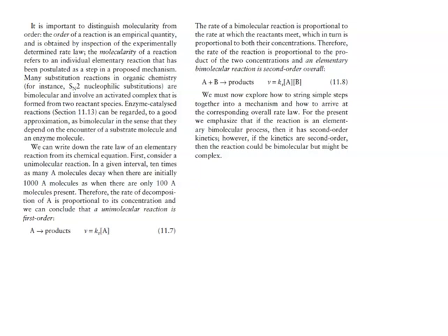The rate of a bimolecular reaction is proportional to the rate at which the reactants meet, which in turn is proportional to both of their concentrations. Therefore, the rate of the reaction is proportional to the product of the two concentrations of an elementary bimolecular reaction, which is second order overall.